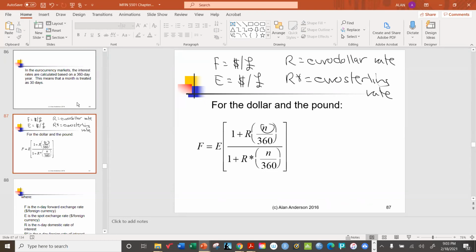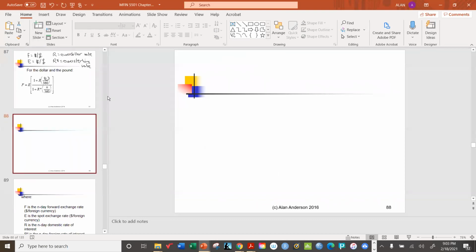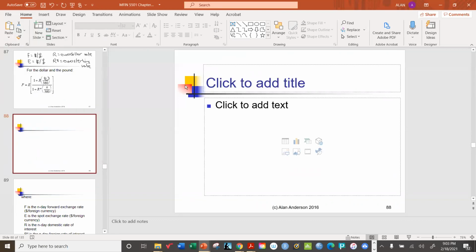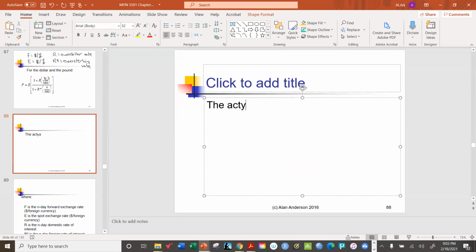Now, by the way, I forgot to mention when I was talking before about these different euro currency rates, why is the British pound called the euro sterling? I'll just put a little note here in case you didn't realize it: the actual name of the British currency is the pound sterling. When we call it the pound, we're using the unofficial name.